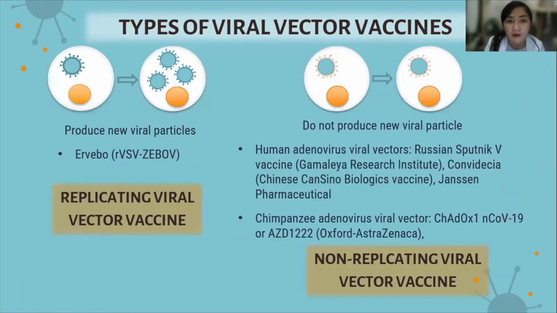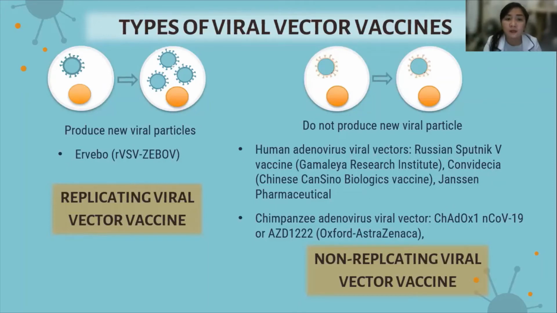There are two types of viral vector vaccines: the replicating and non-replicating. First, we have the replicating viral vector vaccine. From the word itself, replicating, it produces new viral particles in the cells they infect, which then go on to infect new cells and trigger an immune response. Because replicating viral vectors retain the ability to make new viral particles, they can provide a continuous source of vaccine antigen over an extended period of time compared to non-replicating vaccines, and so are likely to produce a stronger immune response.